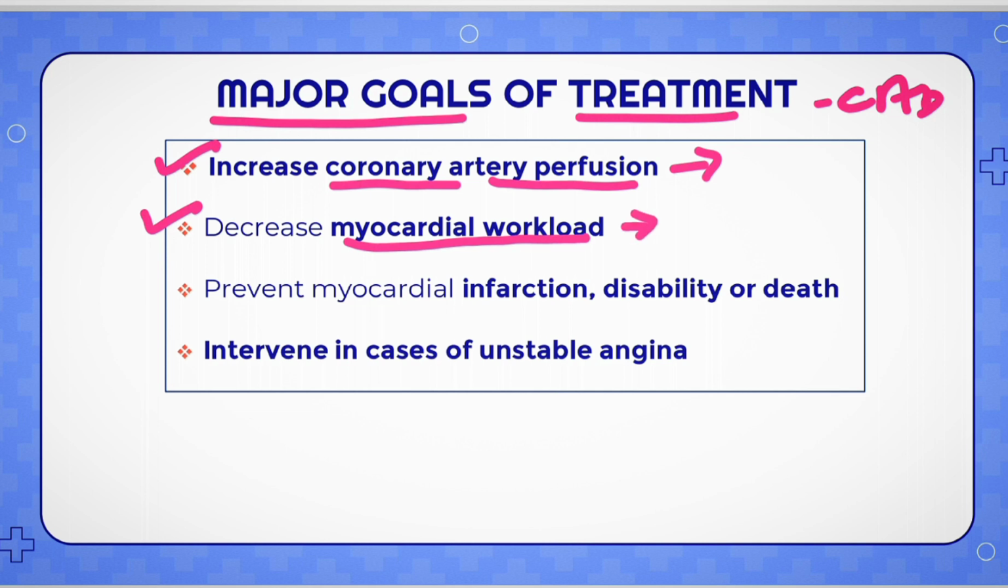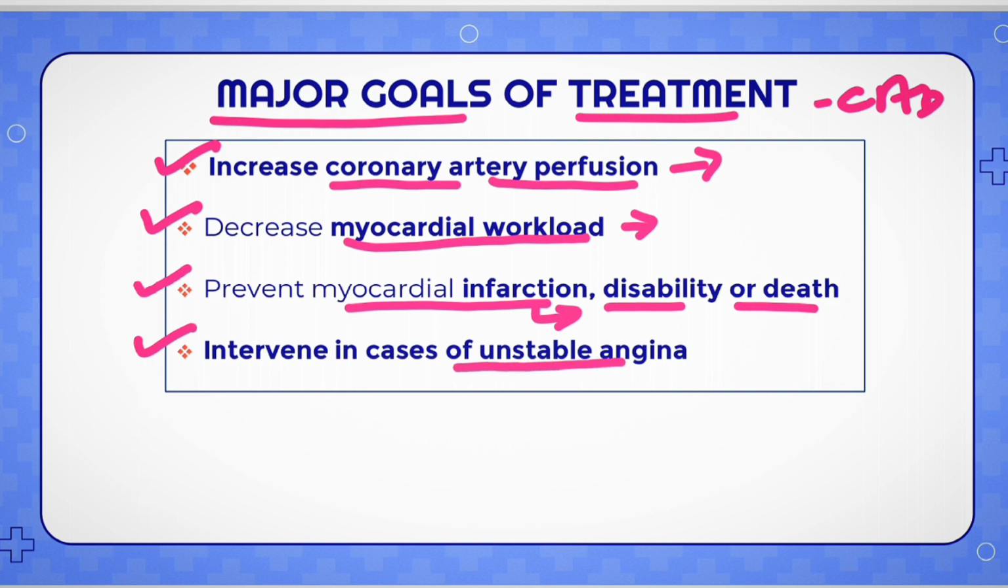And the third major goal is the prevention of development of any myocardial infarction, meaning any ischemia or necrosis in the heart, and development of any disability or death in the heart muscles. Also, the other major goal of treatment is intervention or treatment in any case of development of unstable angina.